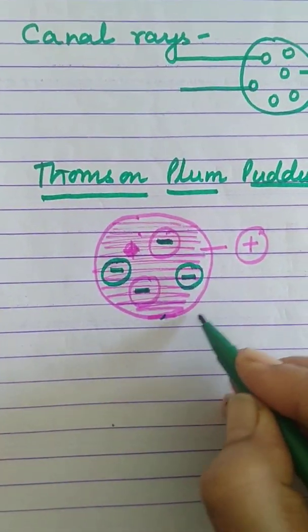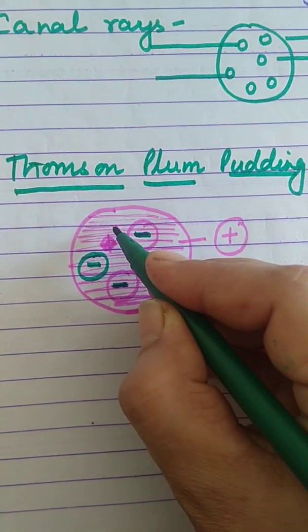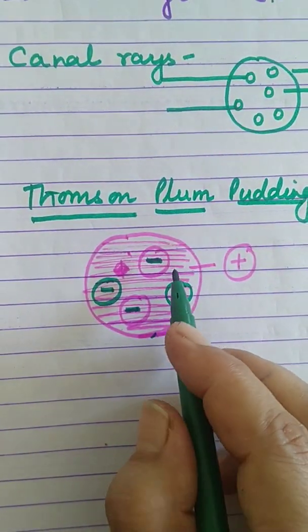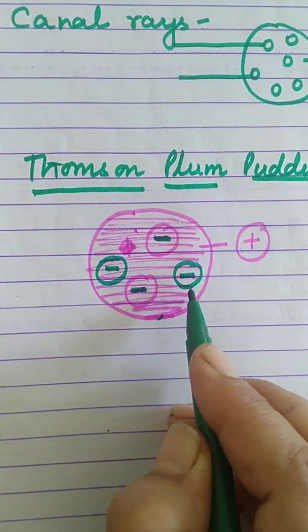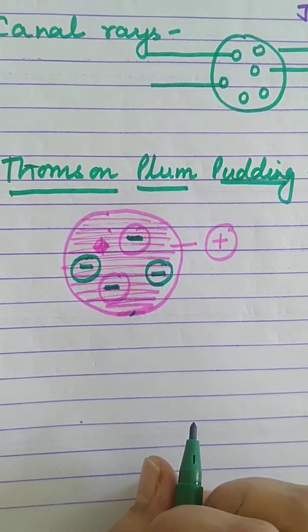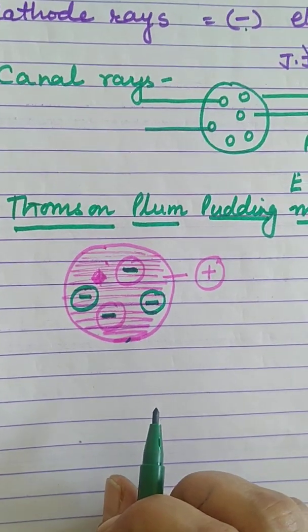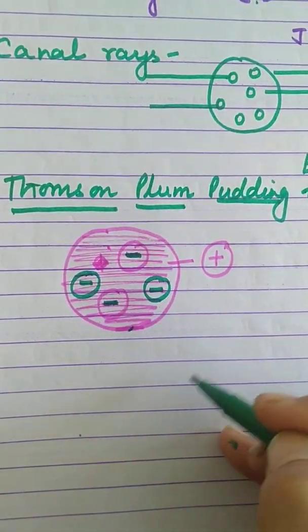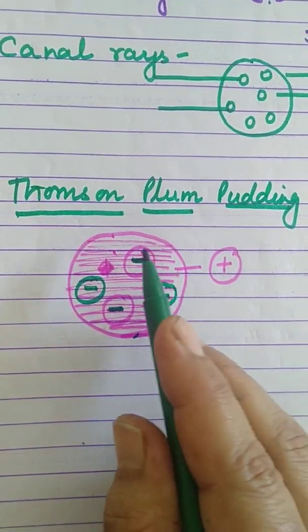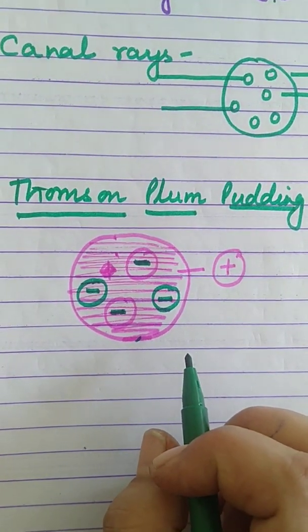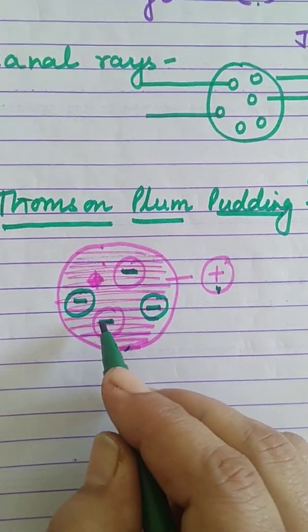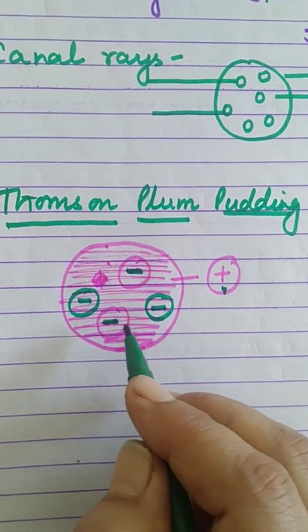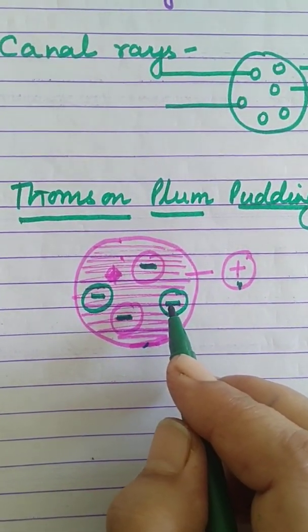Like you take a pudding, this whole pudding is the atom, and the dry fruit represents the electron. Like a watermelon, the whole red part represents the positive sphere, and the seeds in the watermelon represent the electrons.